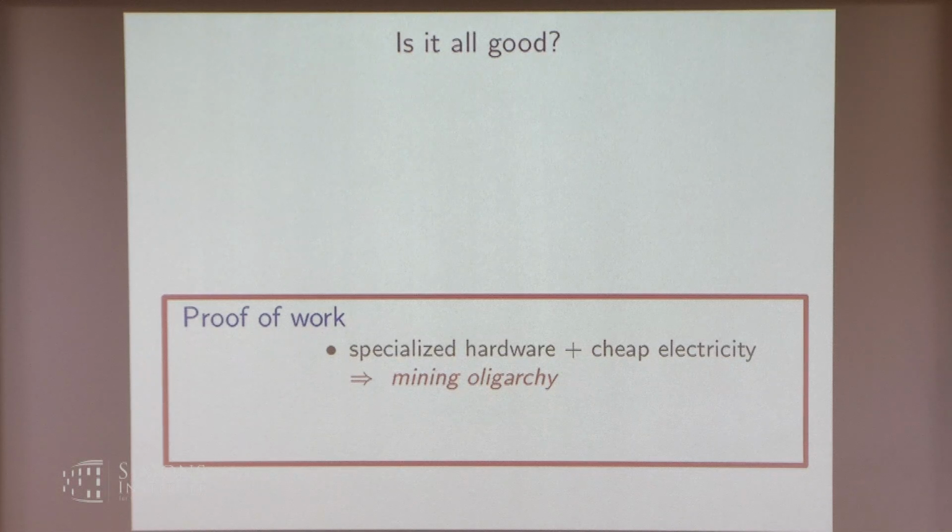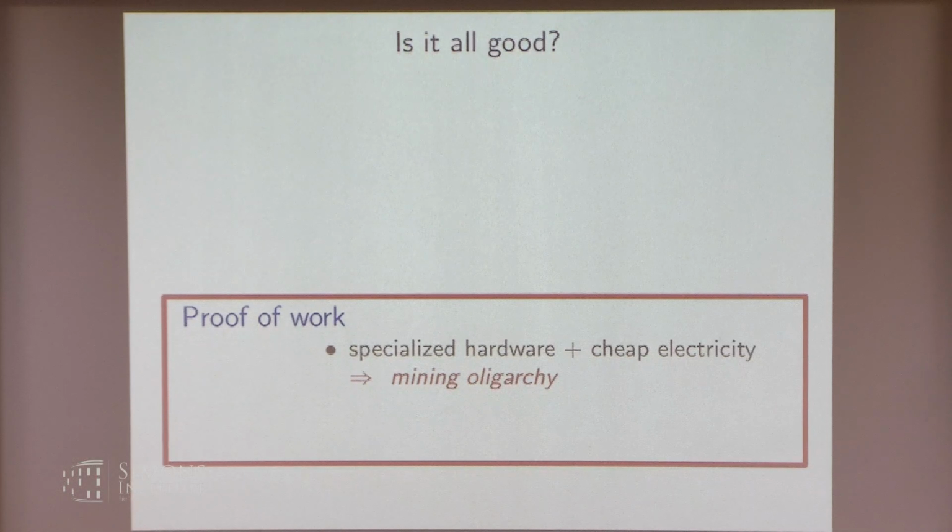The second problem is the drawbacks of proof of work itself. The way Nakamoto envisioned it, it would be very decentralized because everyone who has a computer can just use their spare CPU cycles to mine. If everyone in the world mines, then that's very nicely distributed and hard to get a 51% majority. What actually happened is that specialized hardware was created.